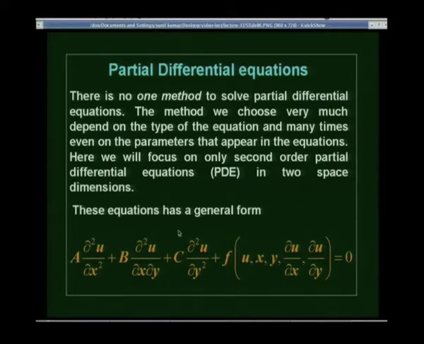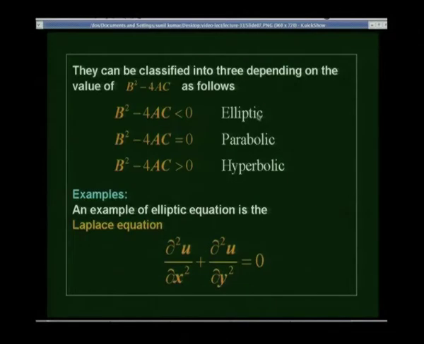Then we can classify this differential equation into three categories called elliptic, parabolic and hyperbolic. Not that we need this classification to solve this equation, but we'll look at one example from each of these classes, and then how to solve that.